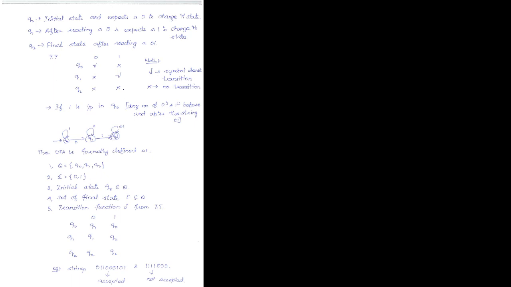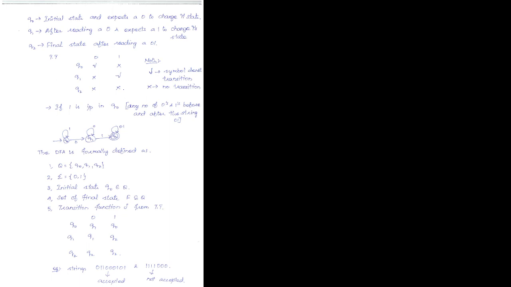The initial state expects 0 to change its state, and after reading a 0 it expects 1 to change its state, so the final state is reached after reading 0 1. Accordingly, when any number of 1s come here, it can stay in the same state Q0, and similarly after reaching Q1 it can read any number of zeros and read 1 to reach the final state.